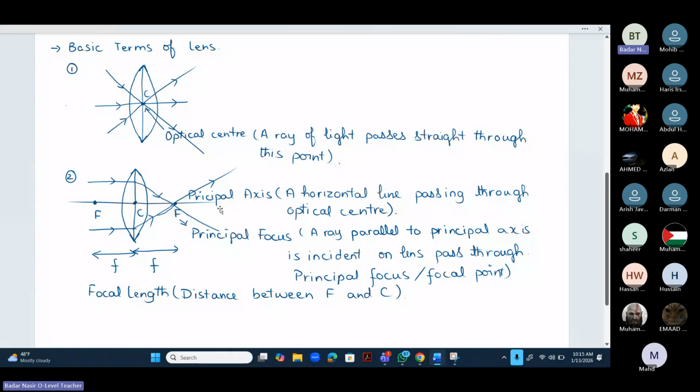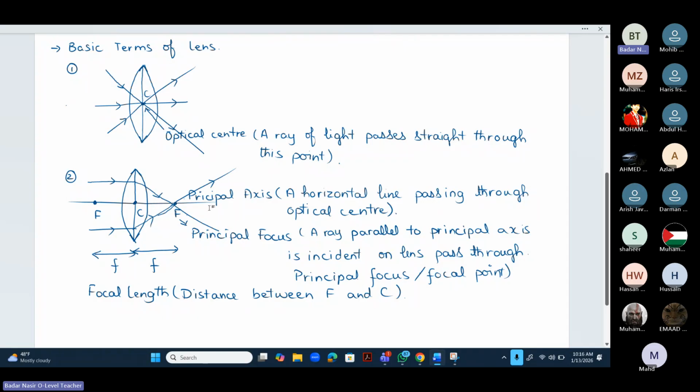And the most important things are that if a ray of light travels through the optical center, it will always pass straight through without getting deviated. If a ray of light is parallel to the axis, it will always pass through the focal point F. For a convex lens, if the ray is on the left, then the ray will pass through the focal point on the right.